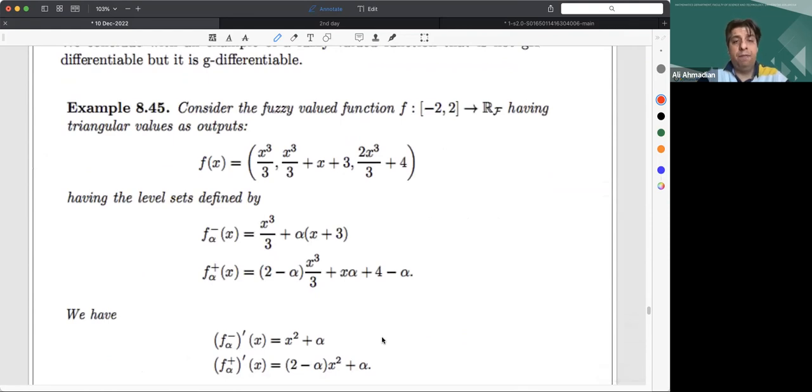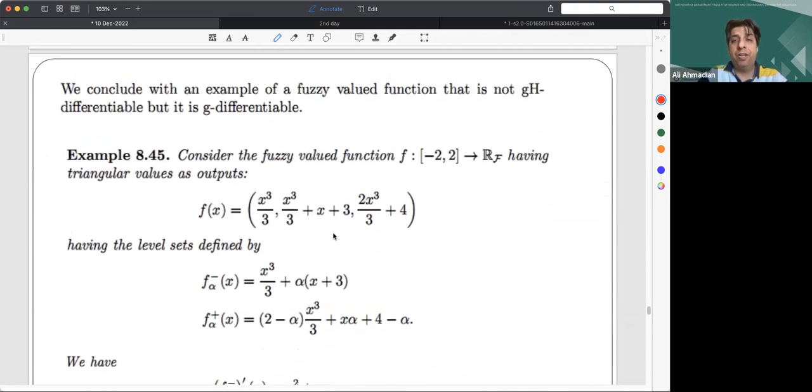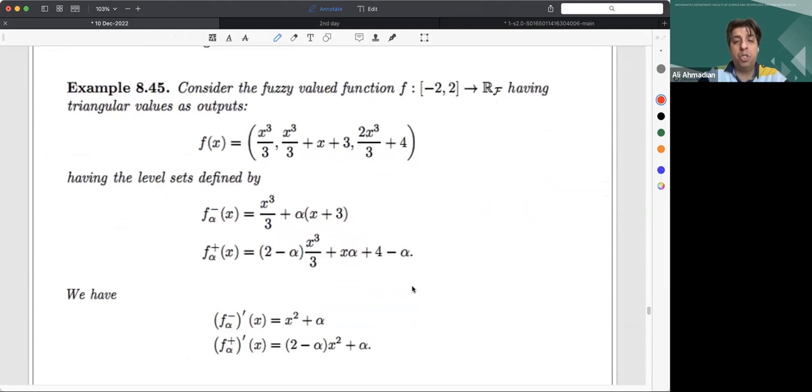And yeah, if we have, you can see that we have the fuzzy value function. It is actually not generalized Hukuhara differentiable, but it is generalized differentiable. I don't want to confuse you.